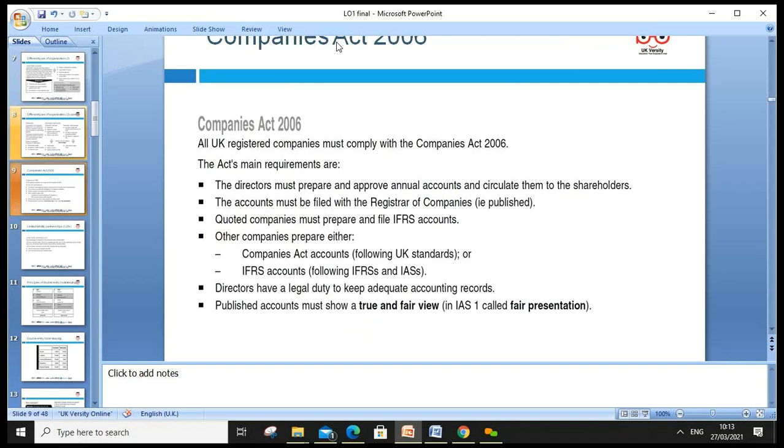Then we have company accounts, which we'll go through in the second lesson, under the Companies Act 2006. In the world, if you're following international accounting standards, we call it IFRS, International Financial Reporting Standards. In the UK, we have FRS, Financial Reporting Standards.